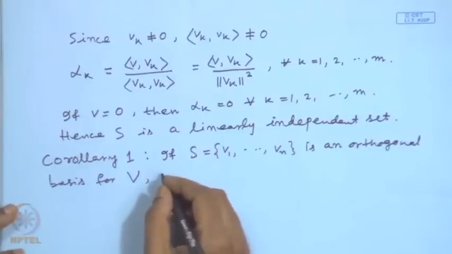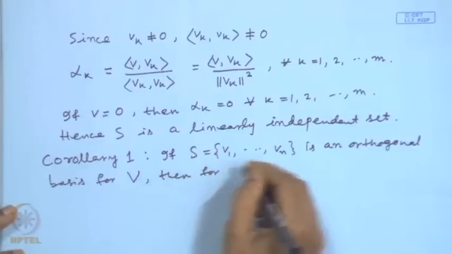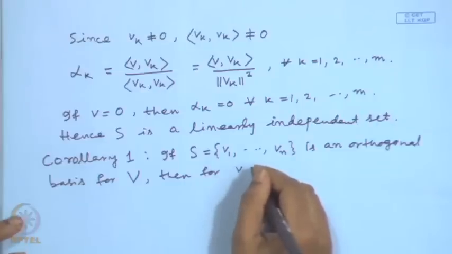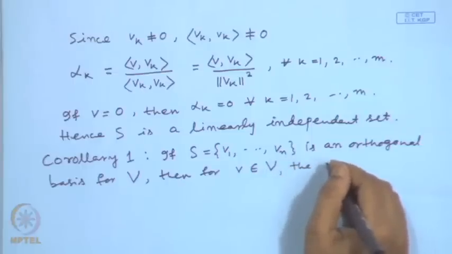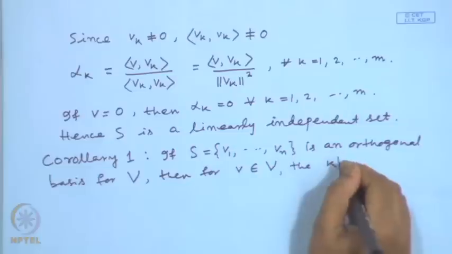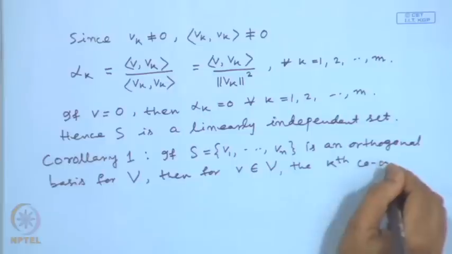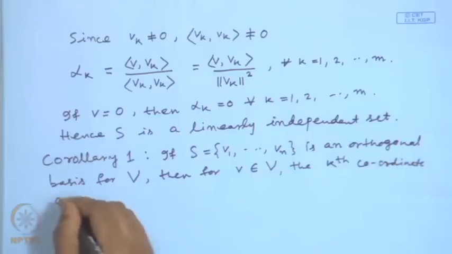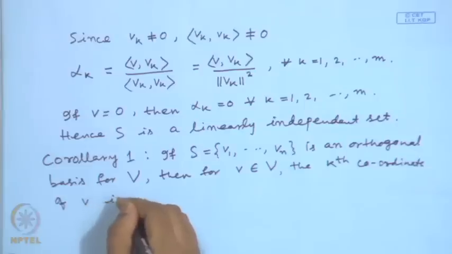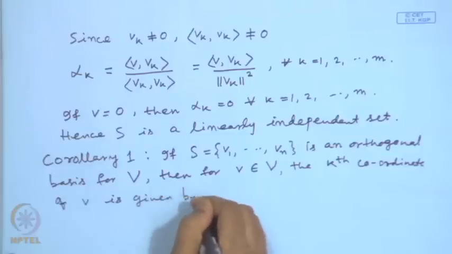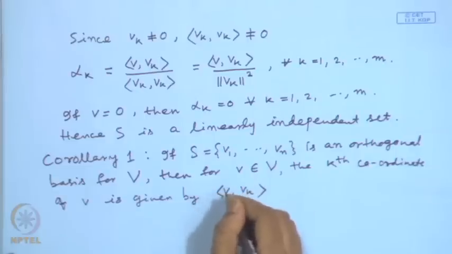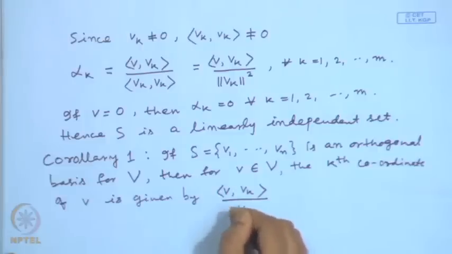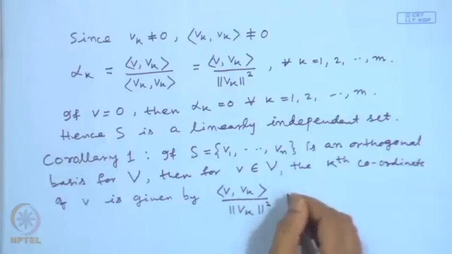For every vector v belonging to V, the kth coordinate of v is given by the inner product of v with vk divided by the norm square of vk.